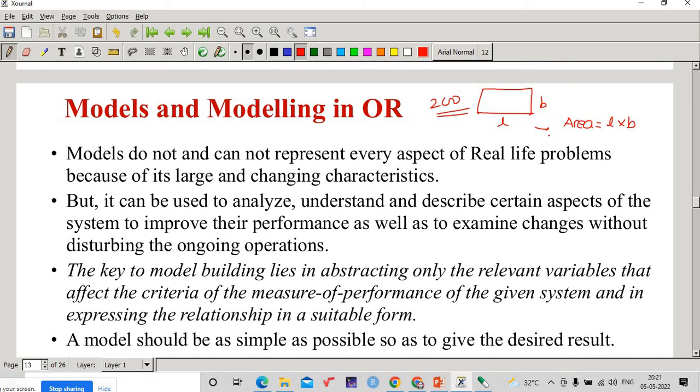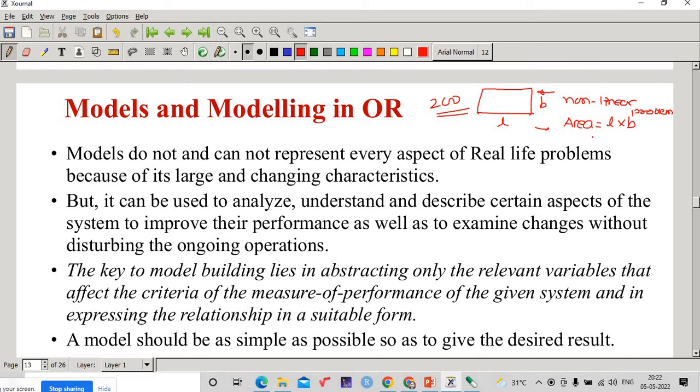That particular problem can be addressed in terms of non-linear programming of OR, to address what type of error happened over here and how to sort out that particular error.